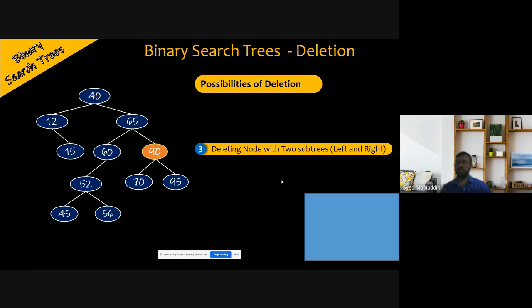Remember, the largest node from the left subtree, and replace the node which we are deleting with it, and then the next node of that tree, we will make it the left child. We will look at that scenario. In the left subtree, we are selecting the largest node.